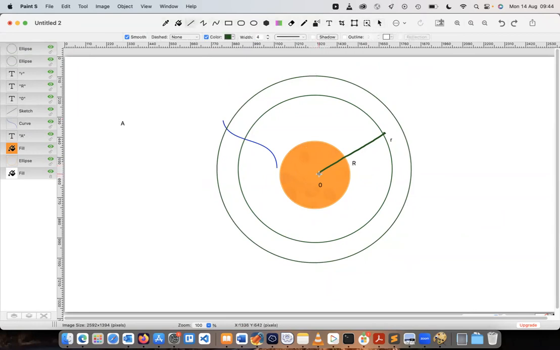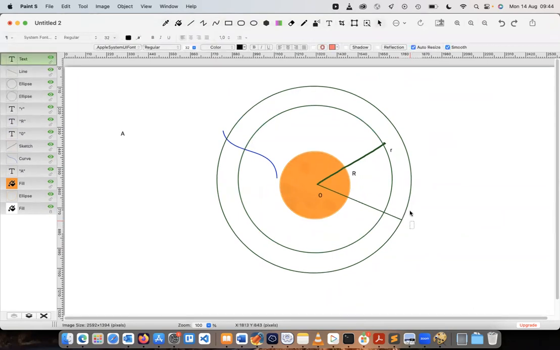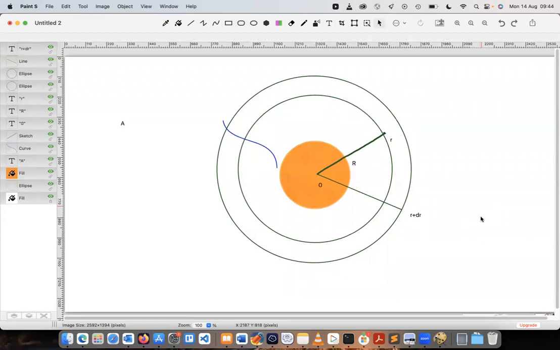So here's the other radial position at r plus delta r. Just write it as a dr. Okay, so the finite volume of interest to us is this space. Between these two lines is the finite volume of interest.